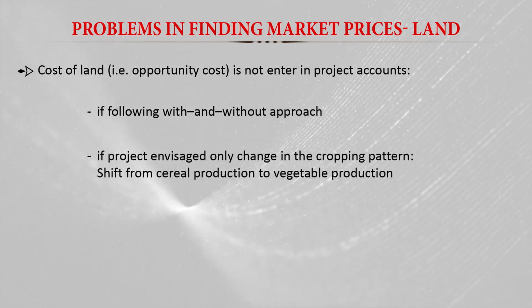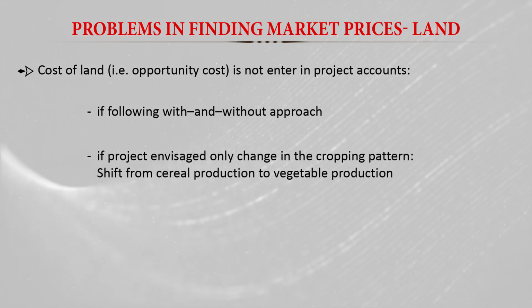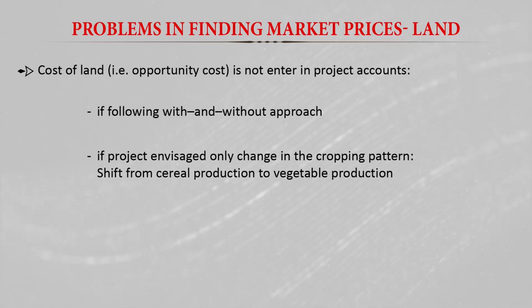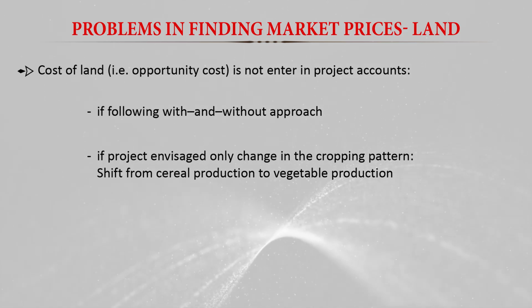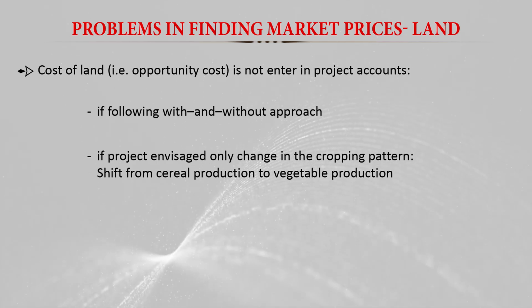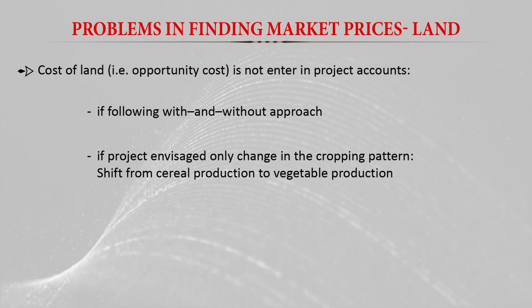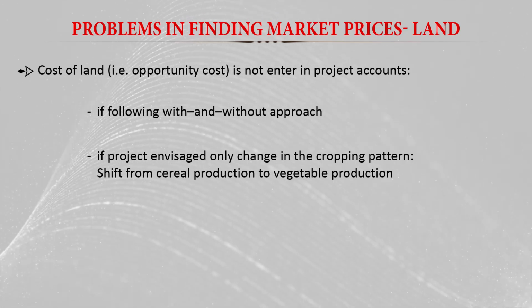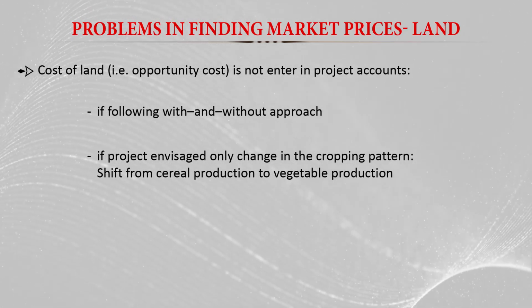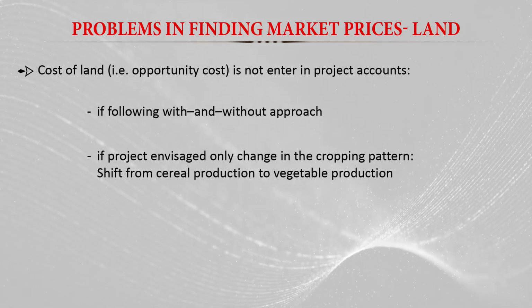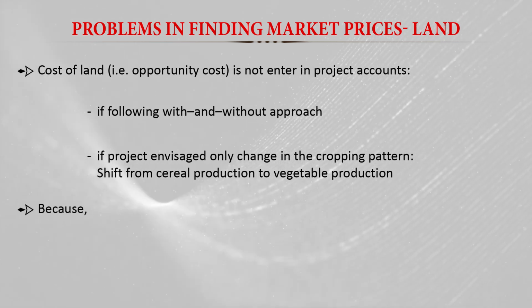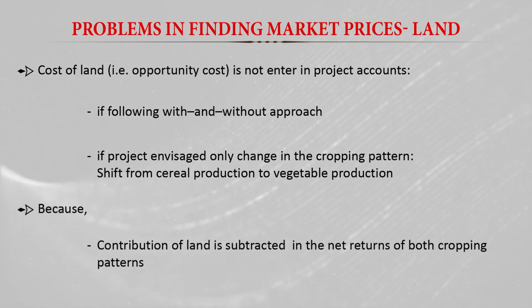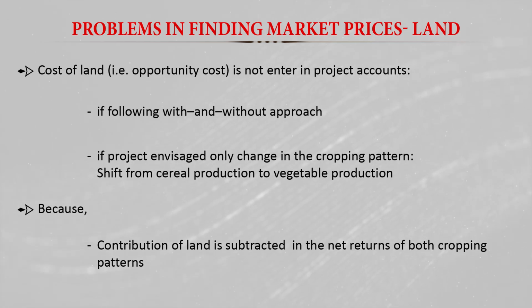Suppose we have a project which emphasizes only a change in the cropping pattern. If you are shifting from cereal production to vegetable production, there is only one component in the project, that is the change in the cropping pattern. We want to move to more cash crops by changing the cropping pattern. And here there is no need to take into account the cost of the land, because the contribution of land is subtracted in the net return of both crop patterns.